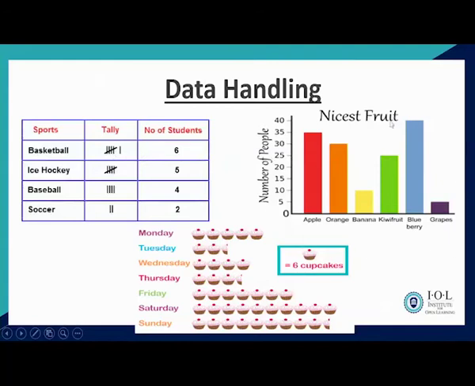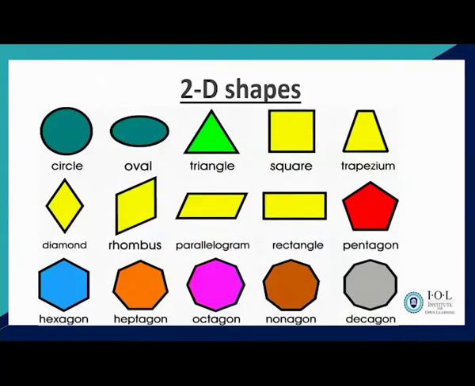This is a bar graph. All the information is there. And this is a pictograph. A pictograph or pictogram has pictures. And usually a pictogram has a key that tells you what represents what. The picture represents how many on your graph. All your information for the bar graph is on the graph.